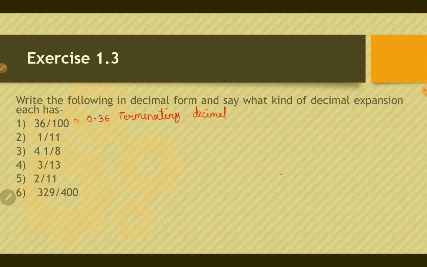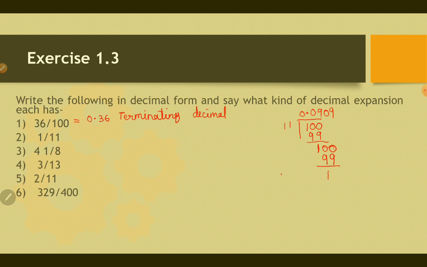The second one is 1 by 11. This one we have to do by the long division method. When you take 1 by 11, 11 is outside, 1 is inside. 0.10, 0, 100, 11 nines are 99. Again 1, 0, 0, 100, nines are 99.